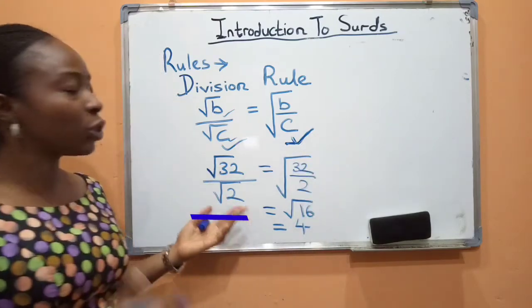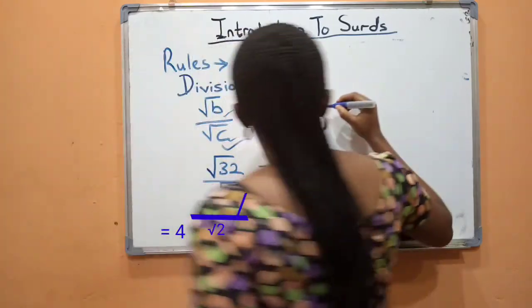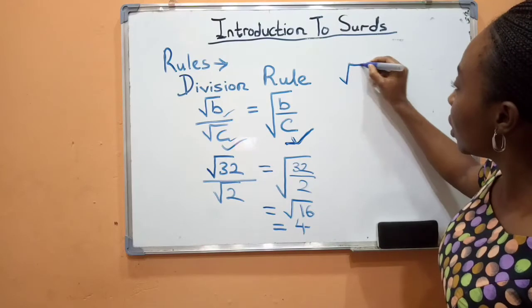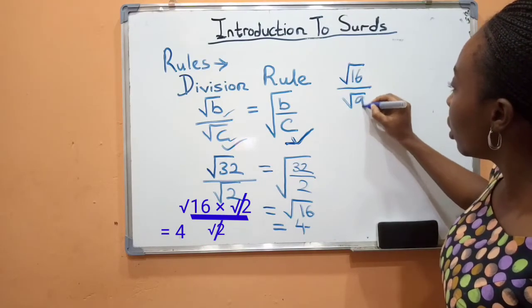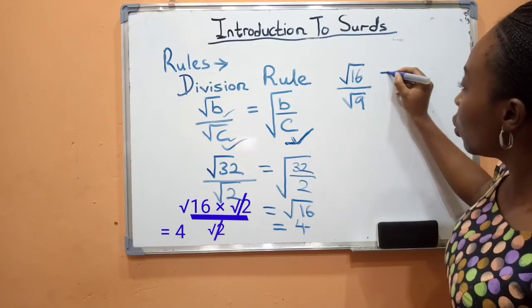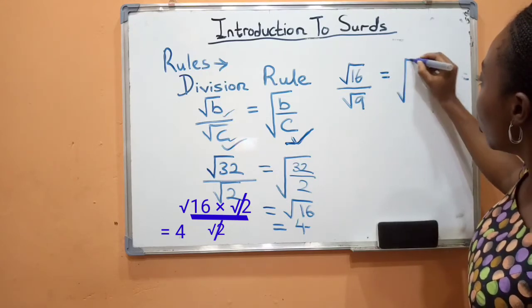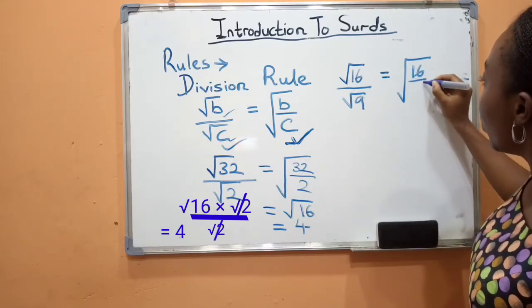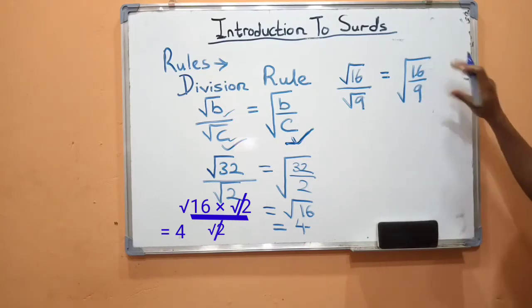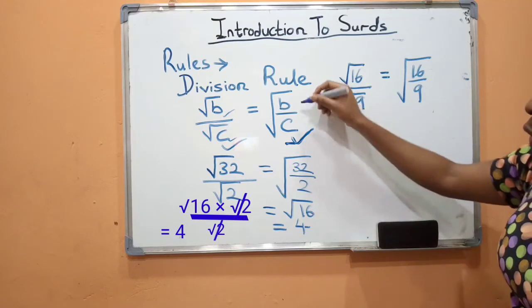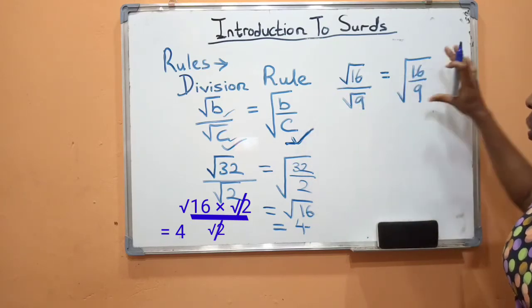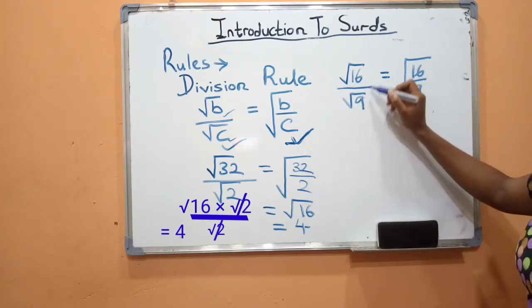Okay, but when you have something like this, maybe you have square root of 16 over square root of 9 equals the square root of 16 over 9, okay, finding the square root. Now when you have something like this, you see that this law is not necessary here because we have two perfect squares.